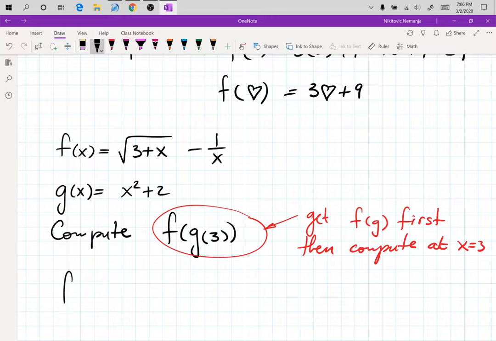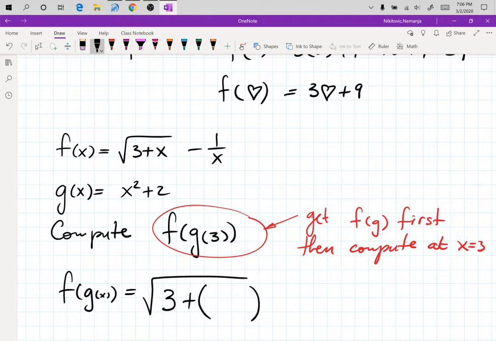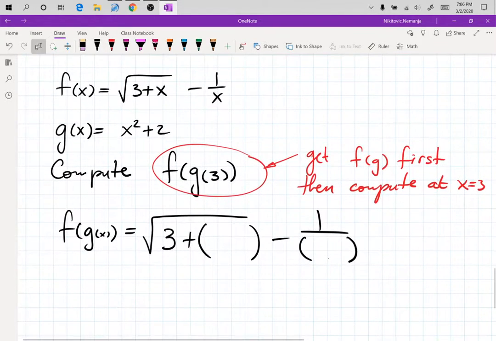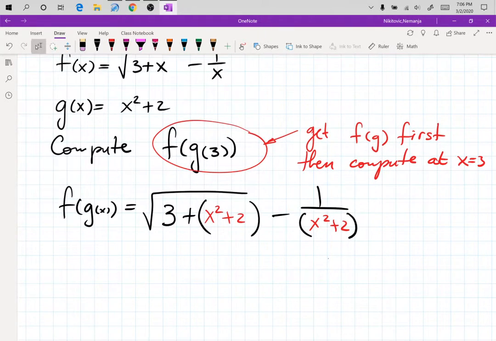So I'm going to find f of g of x first, and we are using f, and as you can see, I am replacing every x of f with the g's. And what is g? G is x squared plus 2. I have my function composition.